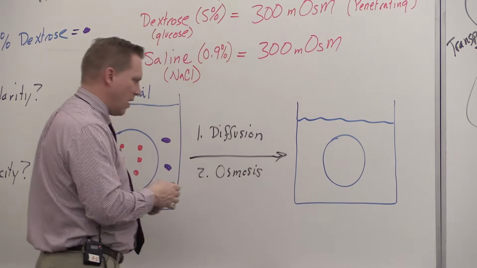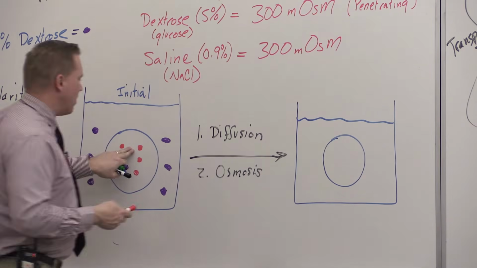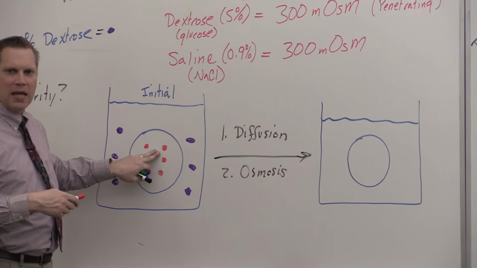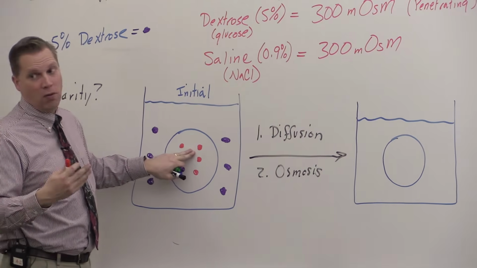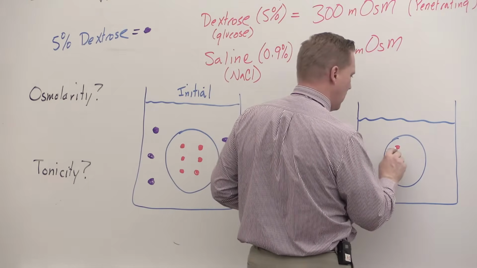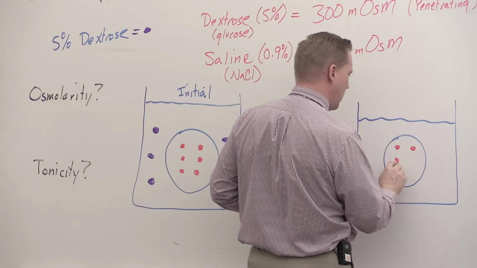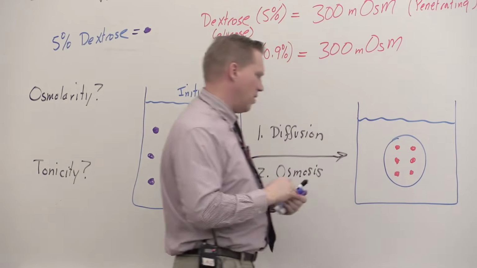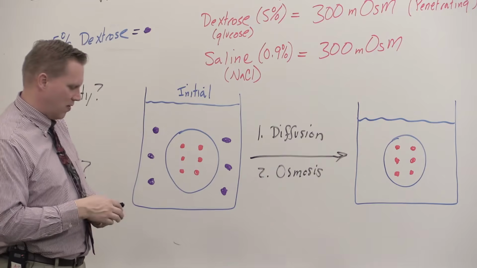Well, here's our cell. We had the red dots inside. Do they diffuse at all? And the answer to that is going to be no. If they were diffusing, they would have diffused a long time ago. So everything that's inside the cell stays inside there. All the proteins, the DNA, the ions are too big or too charged to move outside of the cell.